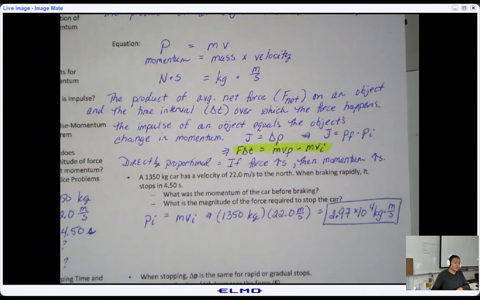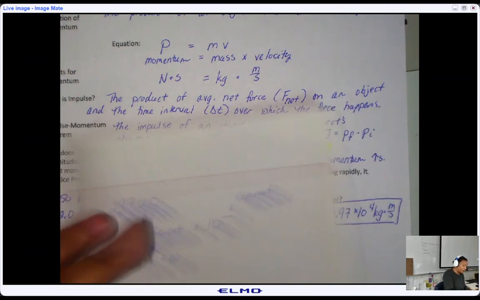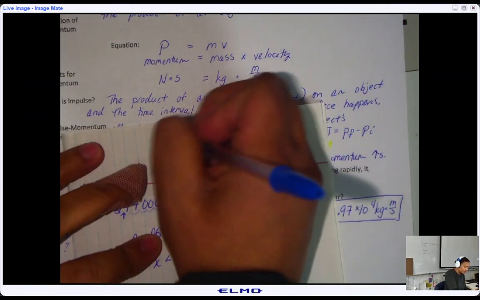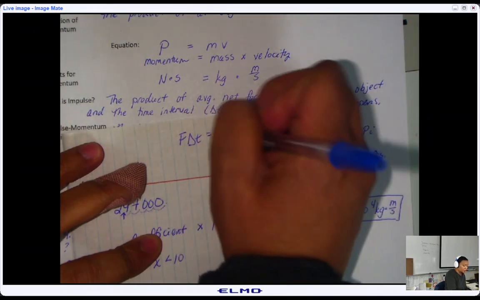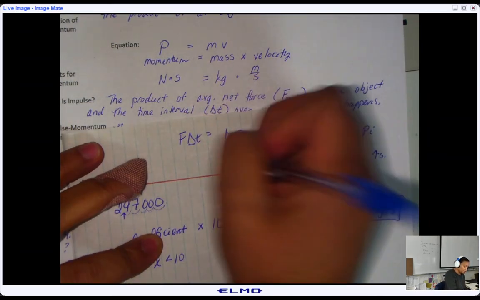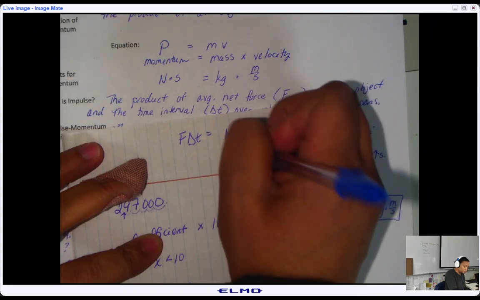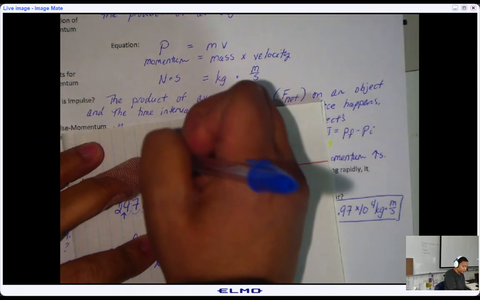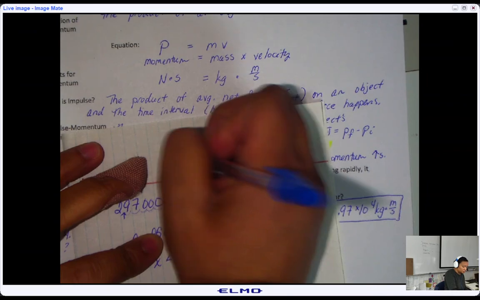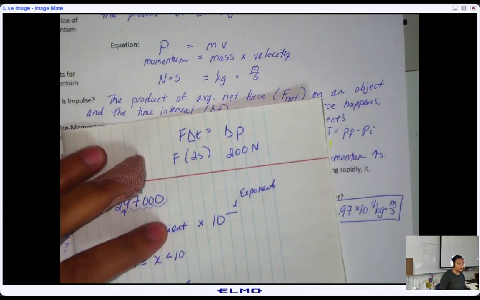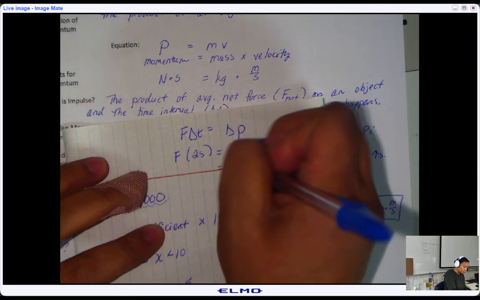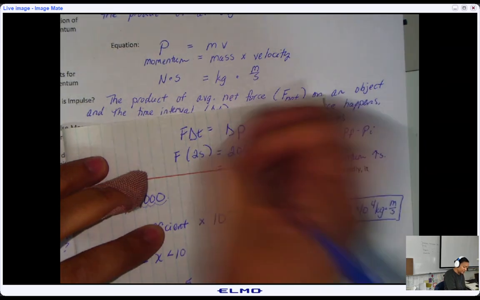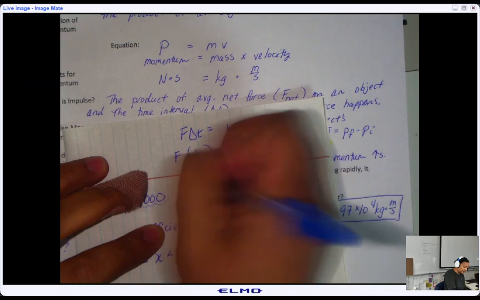What if I have over here F times change in time equals your change in momentum, and my change in momentum is 200 Newton seconds? It takes me 2 seconds to stop the first time, but maybe the next time it takes me 10 seconds to stop.